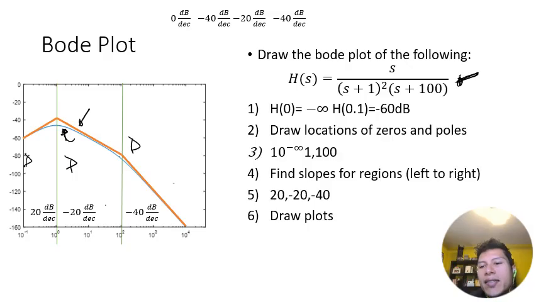And this gives us a quick, rough perspective of what's going to happen. As soon as you look at this picture, you should know, oh, if the frequency is greater than 100, the frequency response will go down by a factor of 40 decibels per factor of 10.